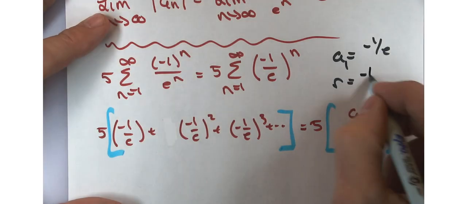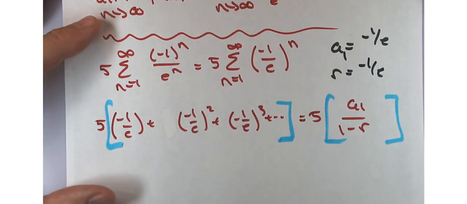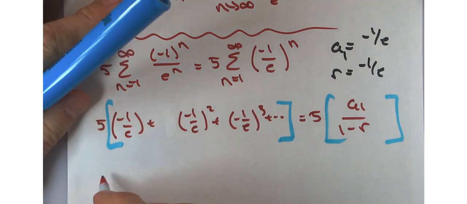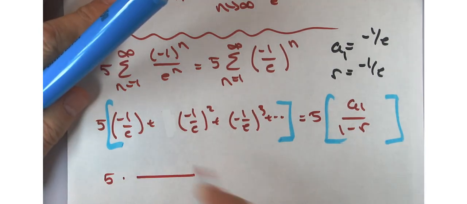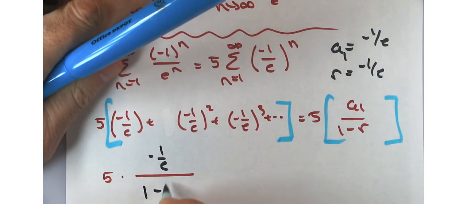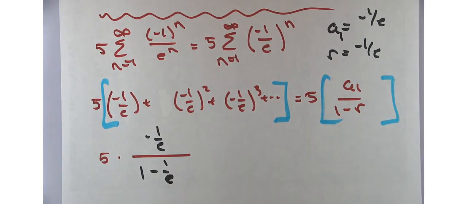Same thing again. So overall, what I'll get is 5 times negative 1 over e over 1 minus 1 over e. Probably want to clean that up a little bit.